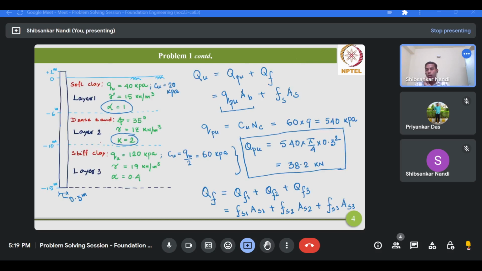Why 4? Because this is the thickness of the second layer, that is 10 minus 6, which gives a thickness of 4 meter for layer 2.